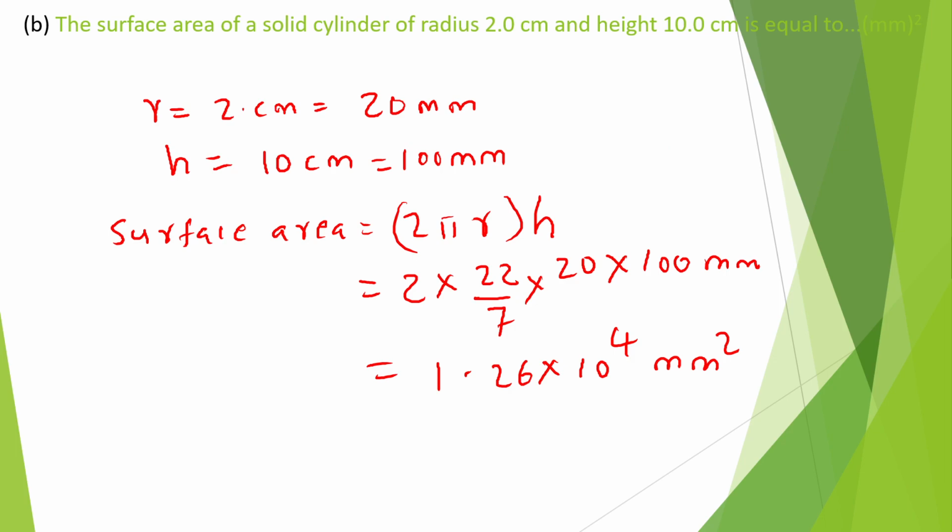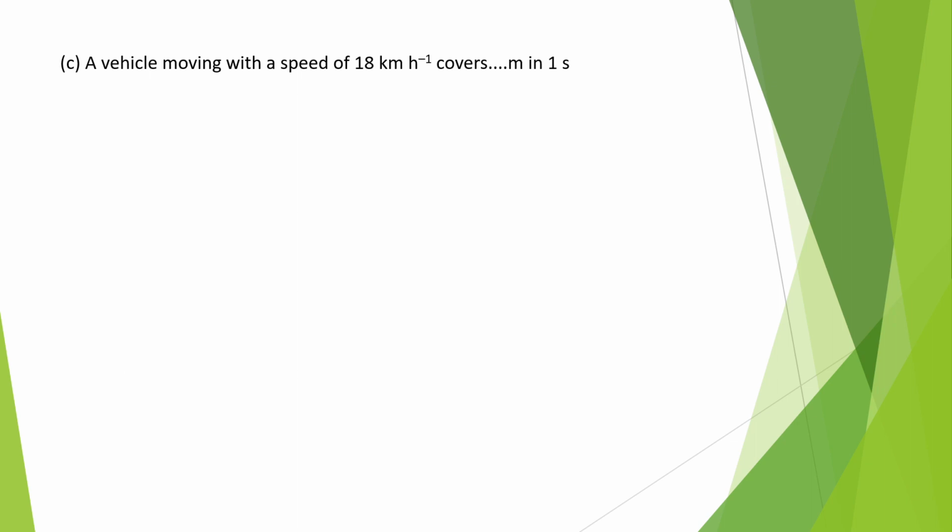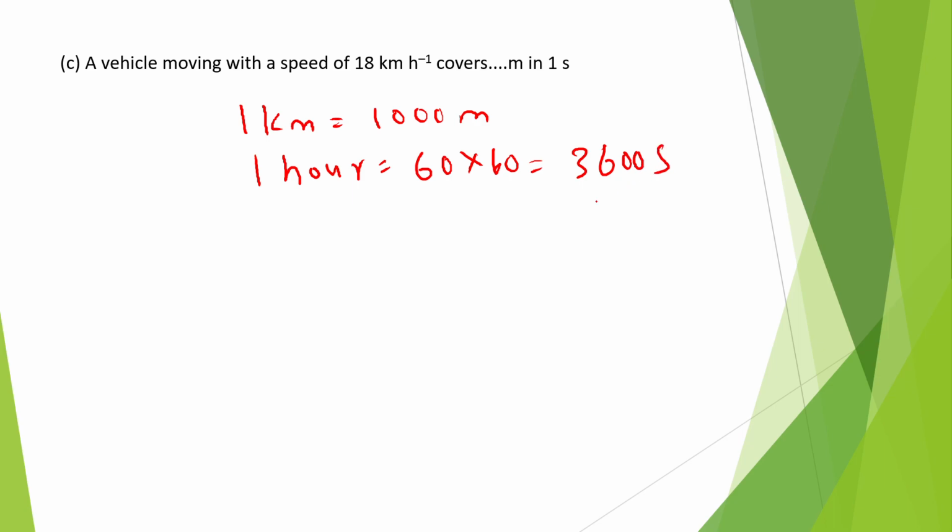Alright, so we will go to question C. A vehicle moving with a speed of 18 km per hour covers how many meters in 1 second? So here the speed is given in kilometer per hour. You know that 1 kilometer is equal to 1000 meter, and 1 hour is equal to 60 into 60, that is 3600 seconds, right?